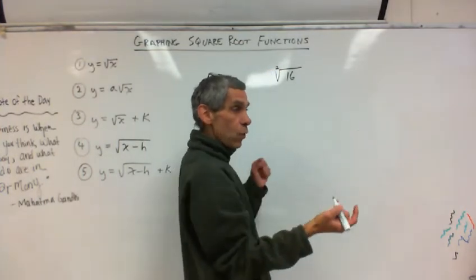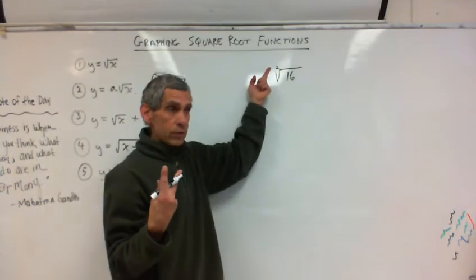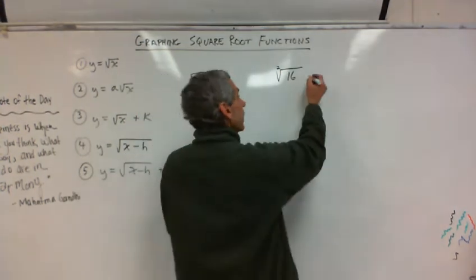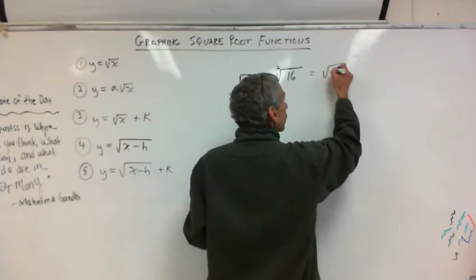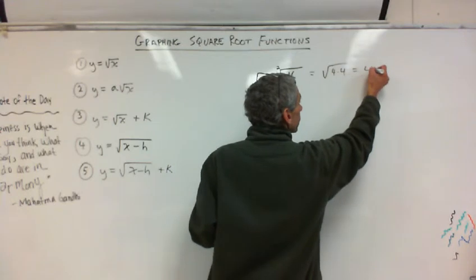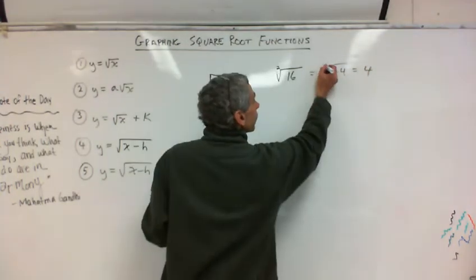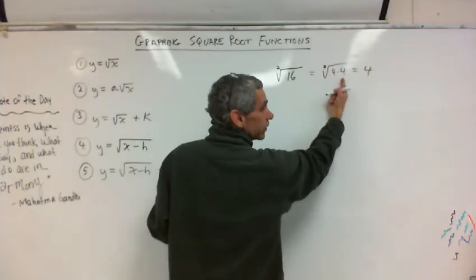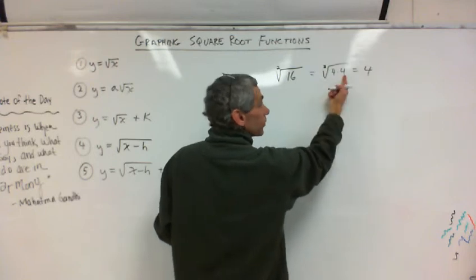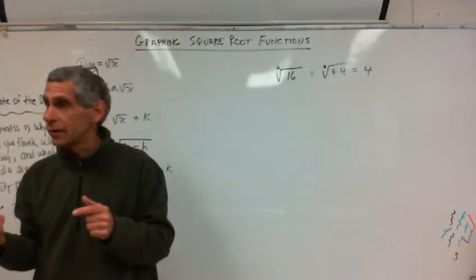So 4 times 4, there's two 4s, so that's the square root of 4 times 4, which is 4. It means I have to have two of the same numbers inside for it to come outside the radical sign. Does that make sense?